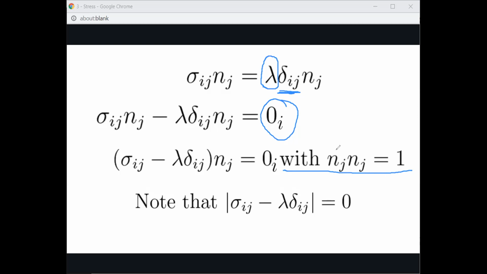So by taking the square of each element of this vector and adding them, I get 1, right? Now, in order for this to be valid, the determinant of the one in the parentheses should be 0.